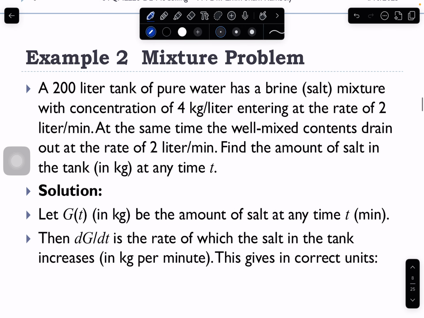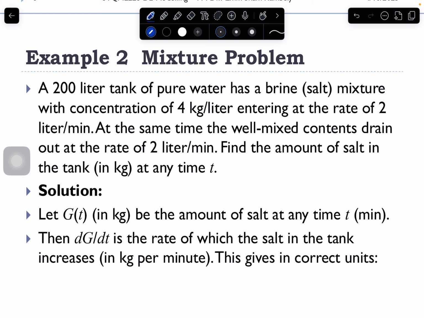Okay, so we look at the next problem, which is the mixture problem, and this is a very popular question at a higher level. Okay, alright. So again, you have to understand what it says. Let's read the problem first. A 200-liter tank contains 200 liters of pure water.